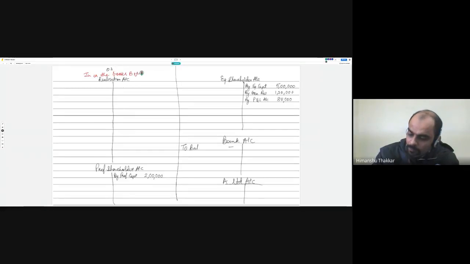So B Limited will write everything in old values, that is original values. So goodwill, whatever you have in the balance sheet, just transfer it here. For all the assets and liabilities taken over, original values will be written.